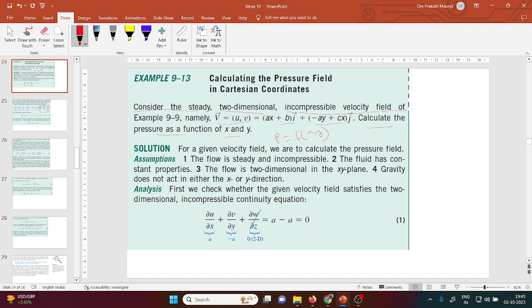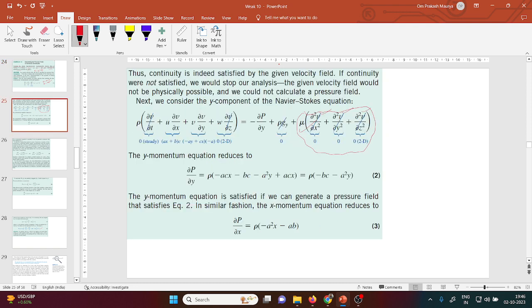Here u is ax plus b, and v is minus ay plus cx. If you differentiate, a remains here, and differentiating v, only minus a remains, so the sum is 0. So it follows the continuity equation. Now coming to the next, this is the Navier-Stokes equation written.